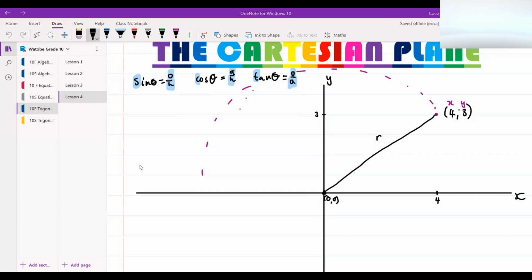Okay, so from this point, I know that the distance from here to there is going to equal, does anybody know what the distance from here to the x-axis is?